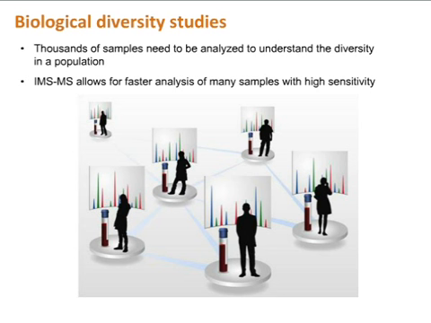So finally, I wanted to talk about a few biological diversity studies and how we're using ion mobility with our proteomics lab. The important thing right now is that you need to analyze thousands of samples to understand the diversity in a population. IMS is able to do faster analyses just because you have an additional separation before the mass spectrometry detector.